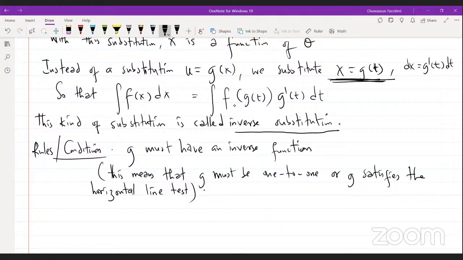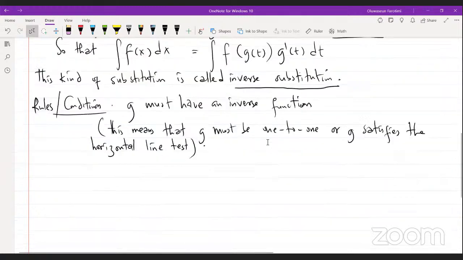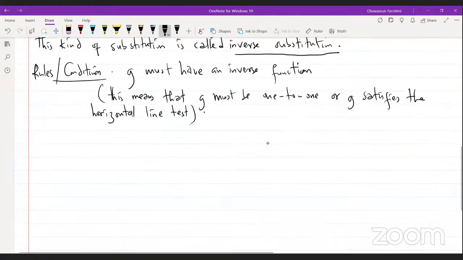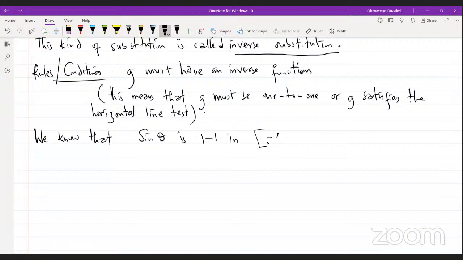Let me say, we know that sine of theta is 1-to-1 in the interval -pi/2 to pi/2.